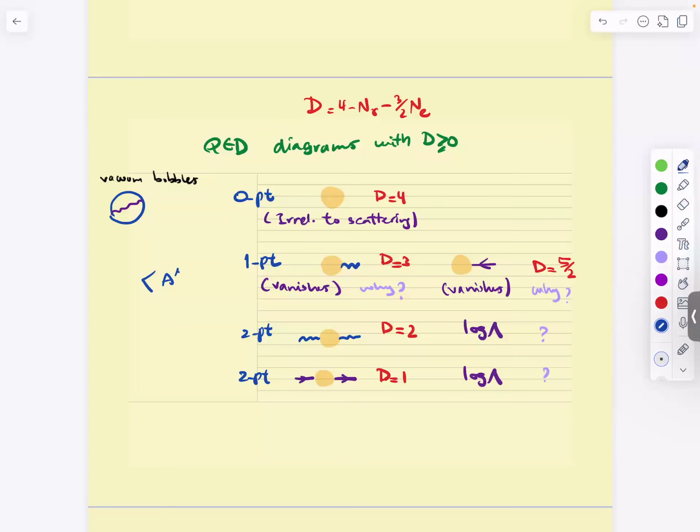It's something like A mu. This is not a Lorentz scalar. Under a Lorentz transformation, this is going to be multiplied by some Lorentz matrix. The only way for it to remain invariant is that it's 0. Similarly, a fermion 1-point function is also similar. Lorentz invariance tells you that this is 0.